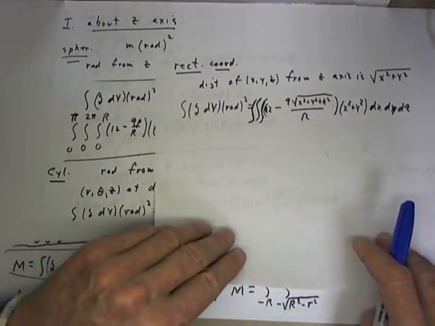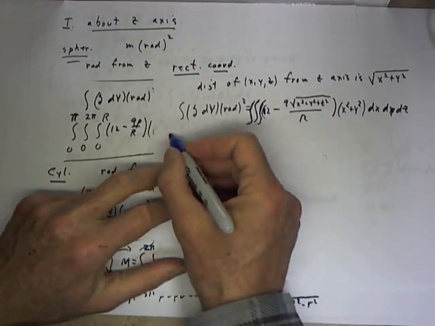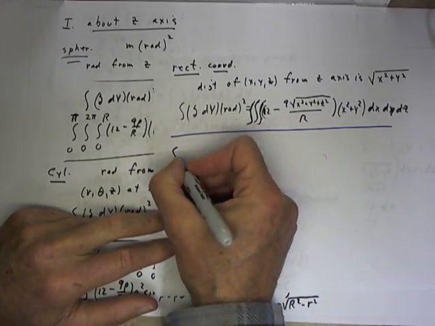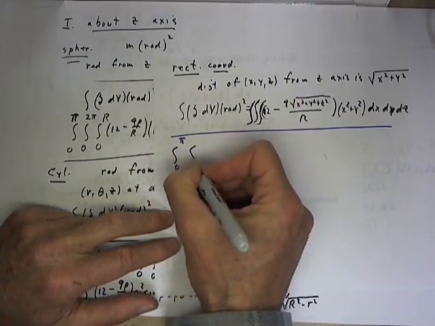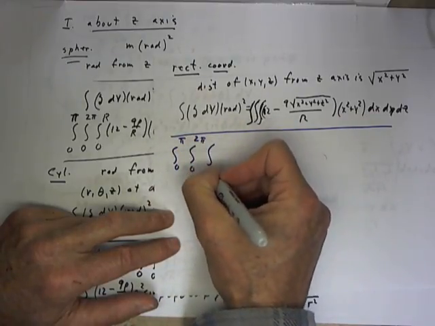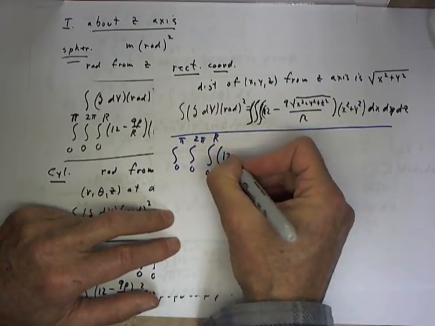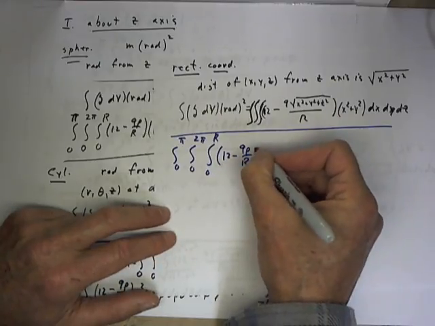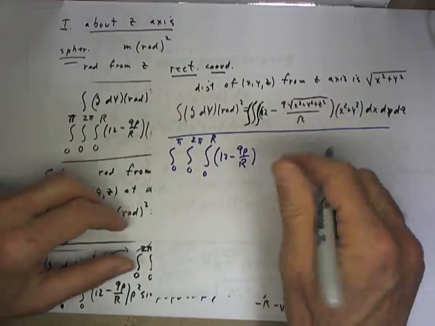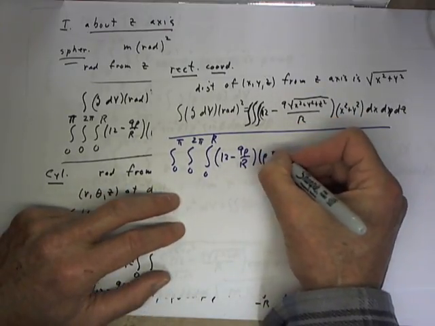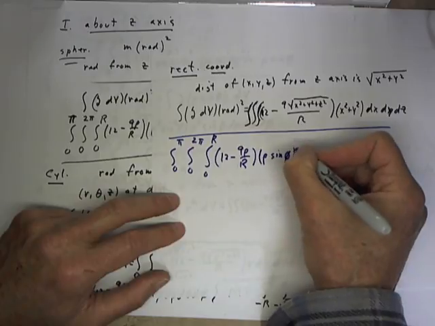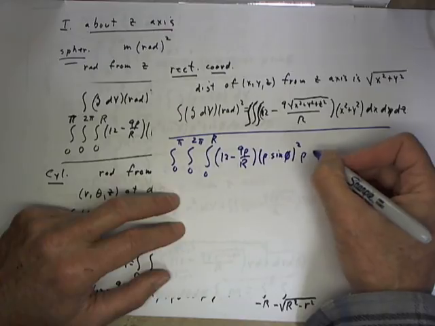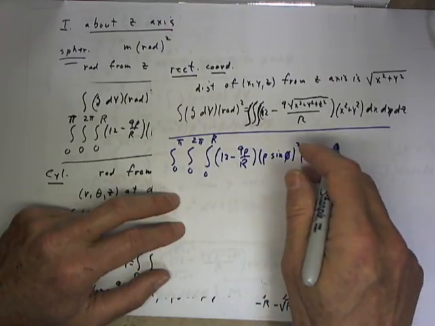So that our three possible integrals for the moment of inertia: the moment in spherical coordinates, integral from 0 to pi, 0 to 2 pi, 0 to r of our density function, multiplied by the square of our distance from the z-axis, multiplied by our volume increment.